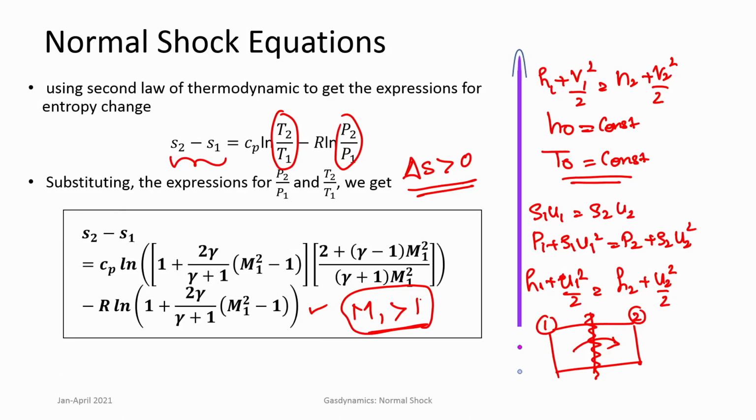It is not possible that you can have a sudden increase in Mach number. So you cannot increase Mach number by a discontinuous jump. Because of these entropy considerations, expansion shock is not possible, only compression shock is possible, and normal shock is a compression shock.